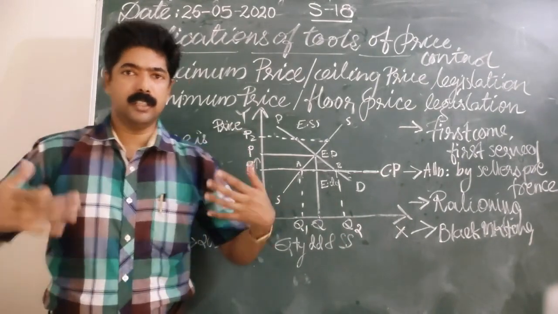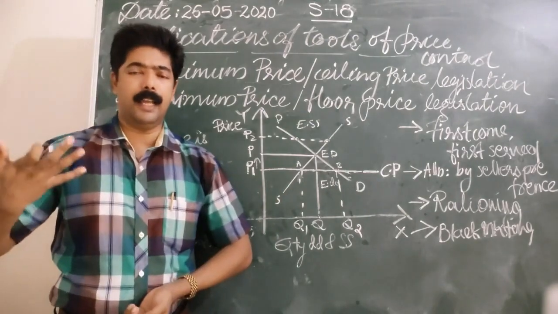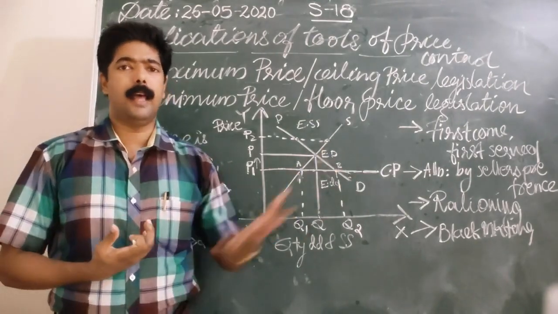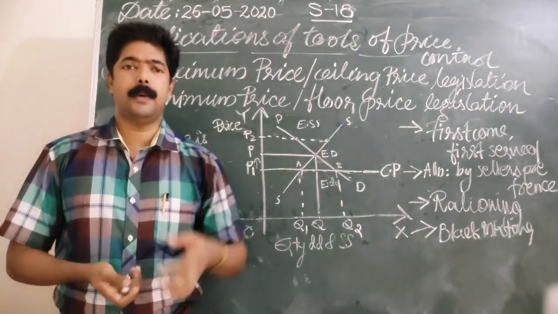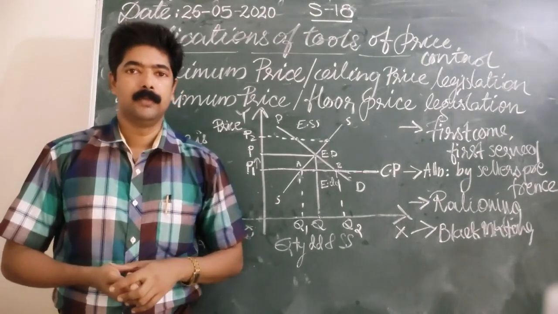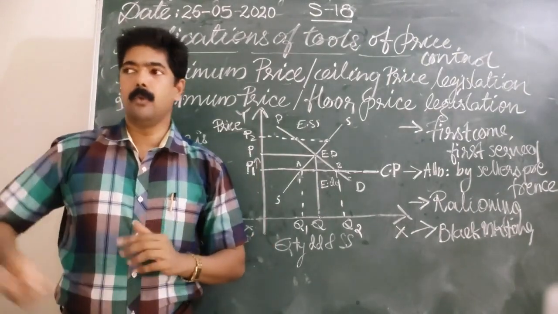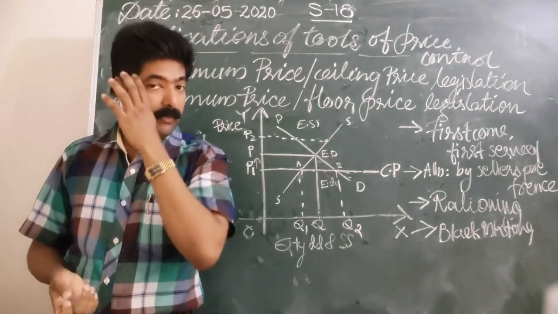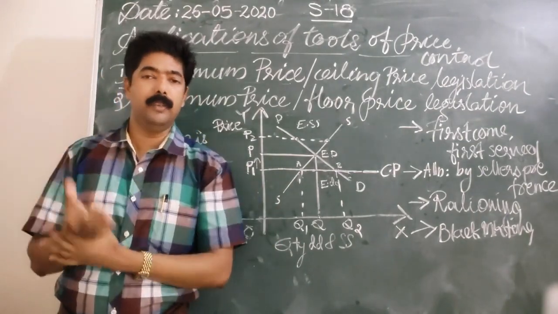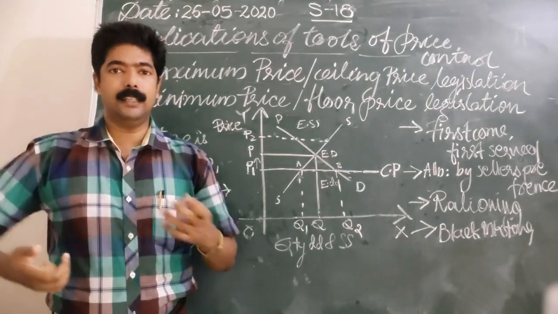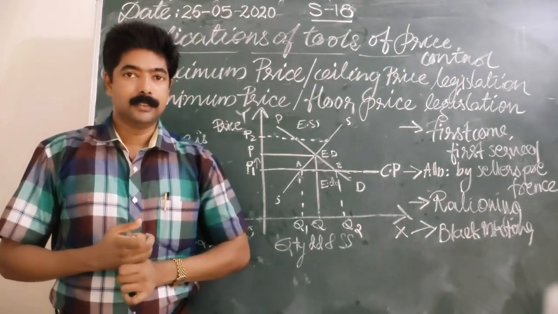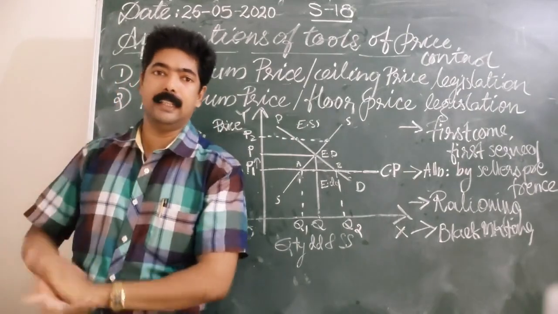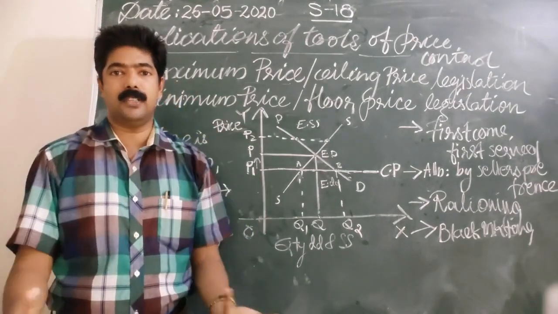It's a common term in our day-to-day life, which means we may purchase some items in black. Black tickets, for example. If a movie is going to be released today and you need to see it, you need to get a ticket. But sometimes you do not get the ticket, and all your efforts are in vain.